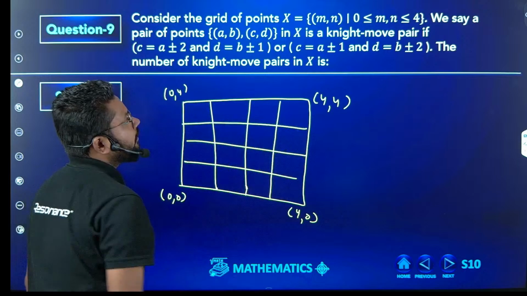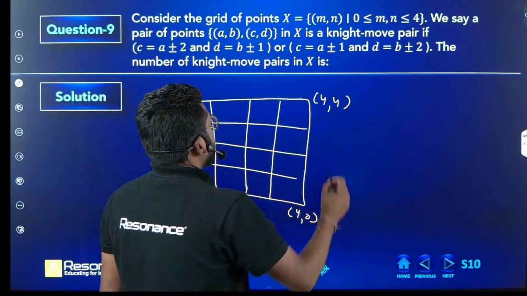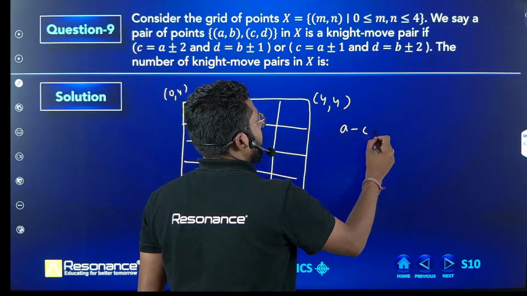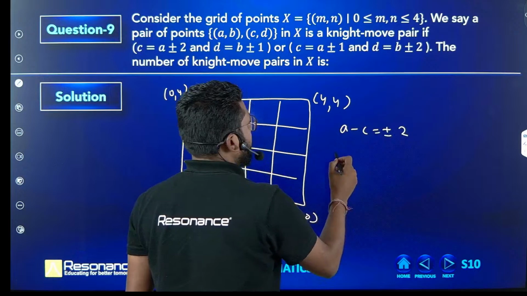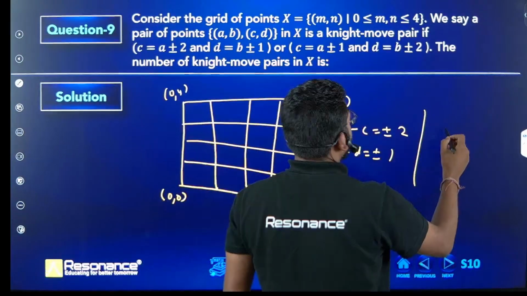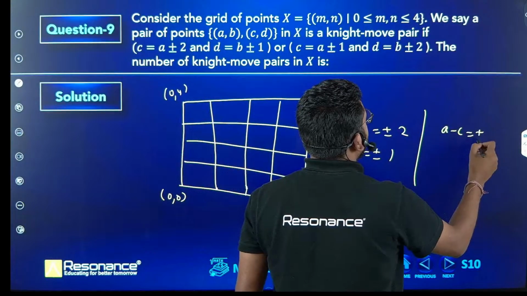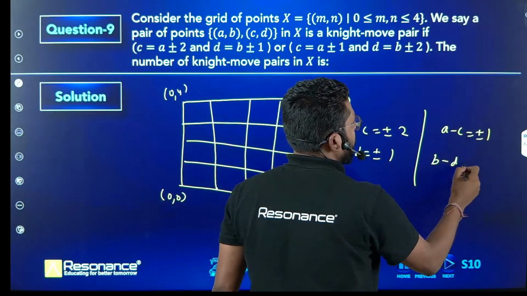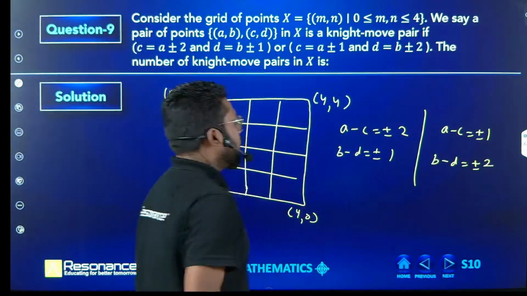So the condition is A minus C is plus minus 2 and B minus D is plus minus 1. Or we can say that A minus C is plus minus 1 and B minus D is plus minus 2. So we are bounded by 0 to 4.